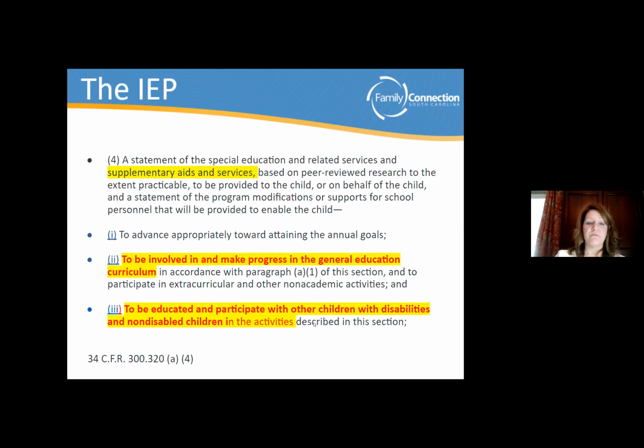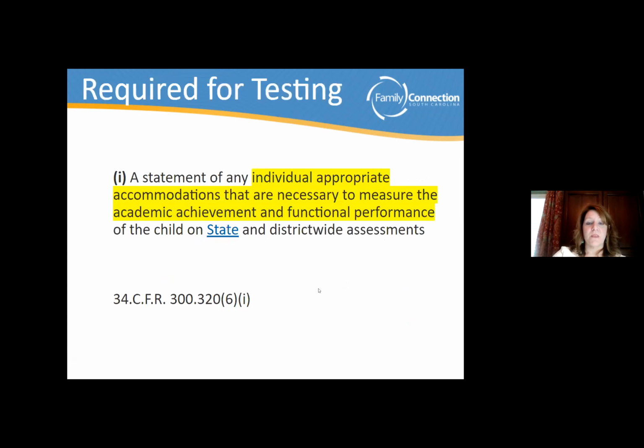So another reference to those supplemental aids and services goes in 34 CFR 300.320(a)(4), and that refers to students being expected to advance appropriately toward attaining their annual goals, to be involved in and make progress in the general education curriculum, and then to be educated and participate with other children with disabilities and students without disabilities.